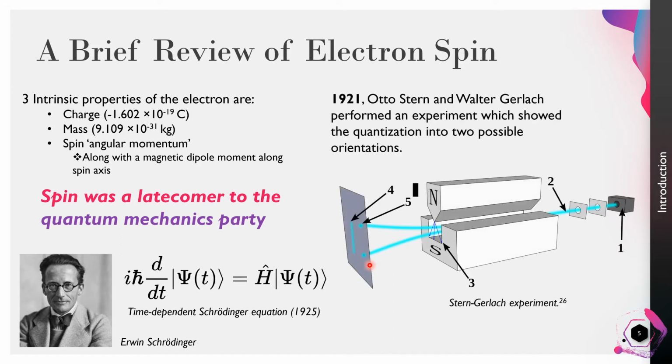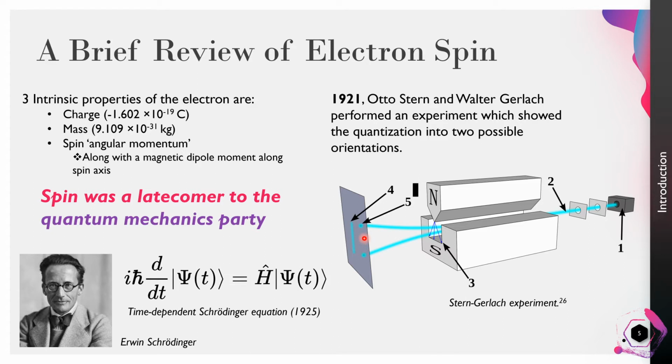For example, the Stern-Gerlach experiment showed in 1921 that if you were to pass a beam of silver atoms through a magnetic field, you end up with a very odd result: a splitting of the beam into two discrete positions.